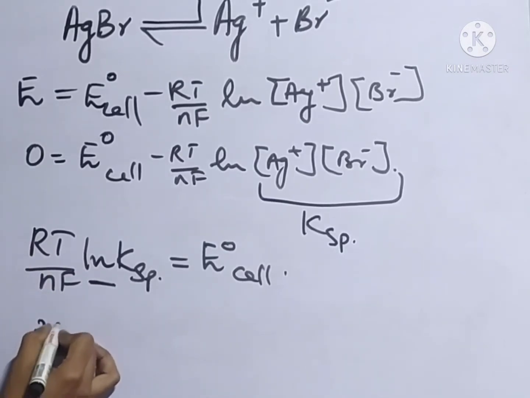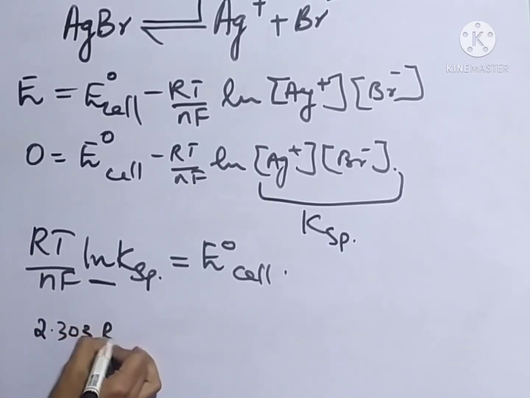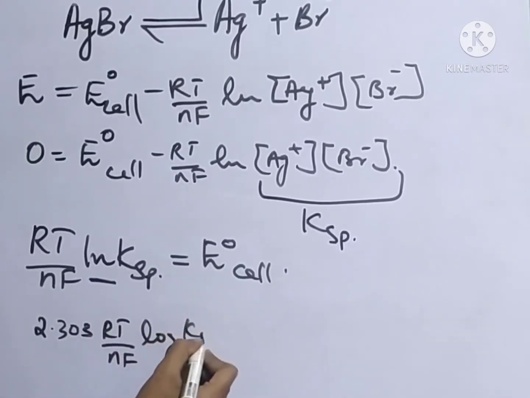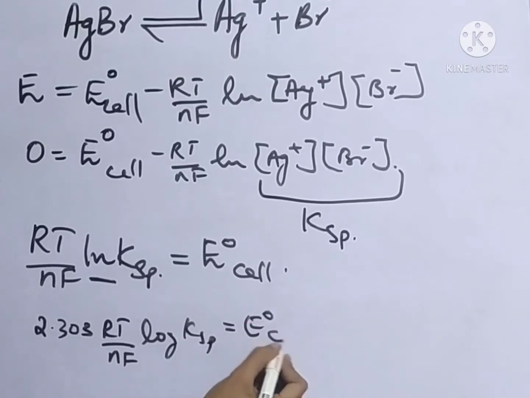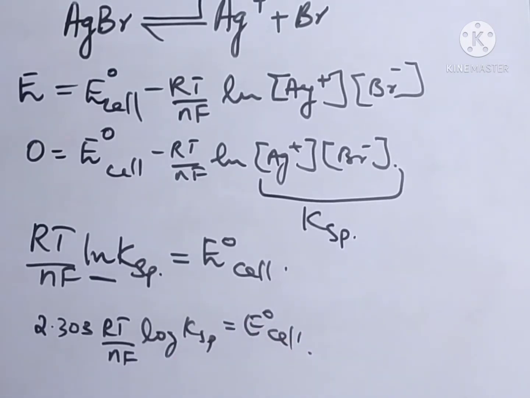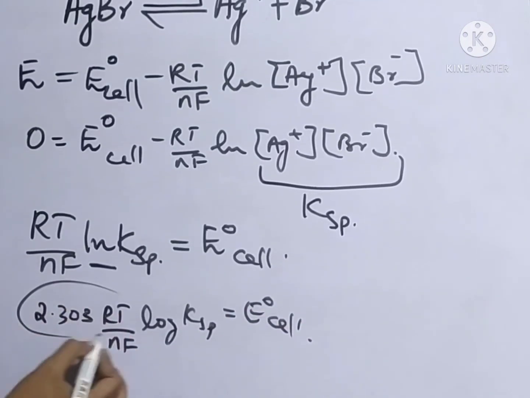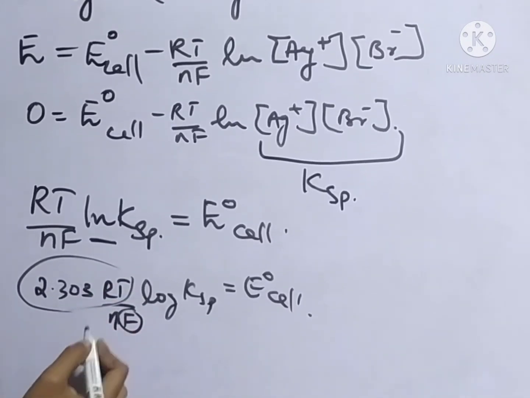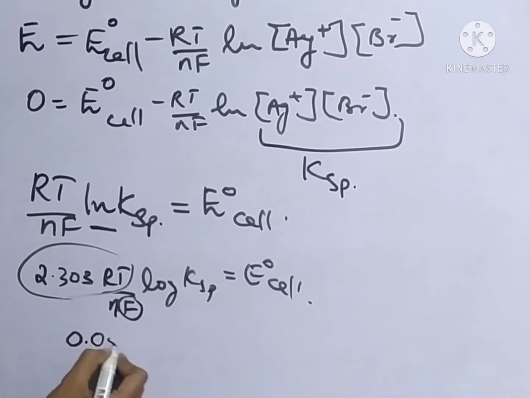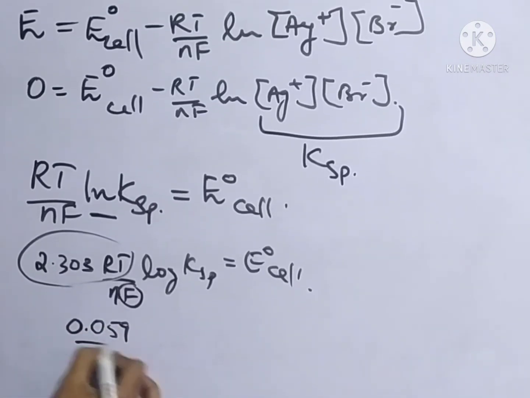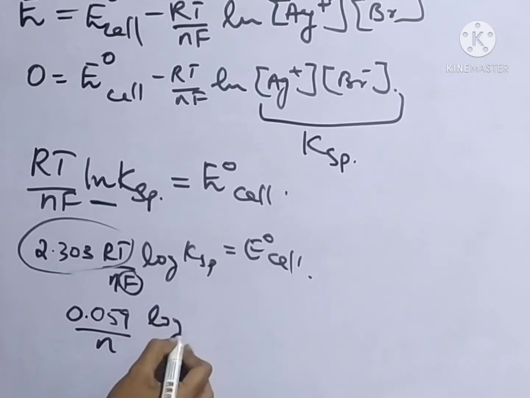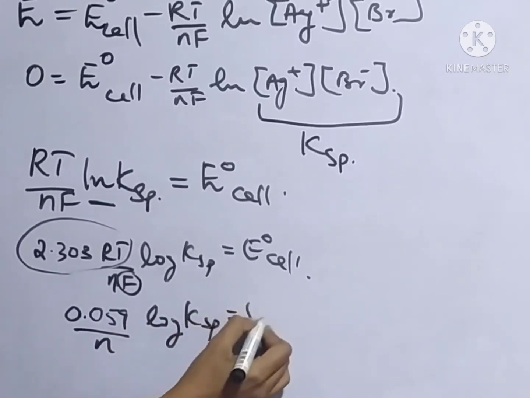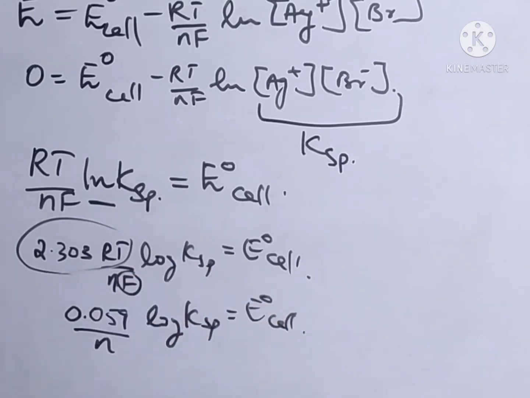So I'll get 2.303 RT by NF log KSP equal to E0 cell. 2.303 RT by F equal to 0.059 divided by N log KSP equal to E0 cell.